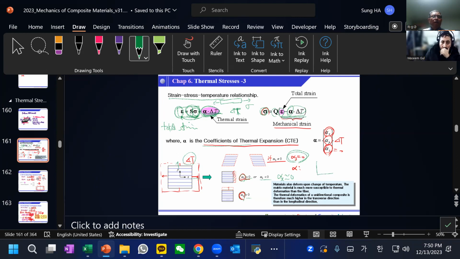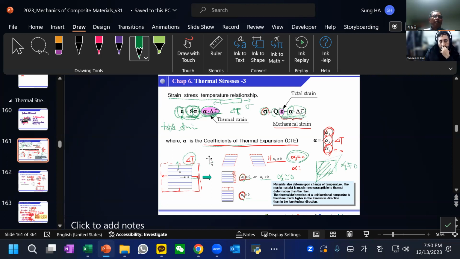But if we have a certain off-axis orientation like that, then with a temperature increase, as you can imagine, this angle will change due to temperature. So in this case, alpha 6 is not 0.